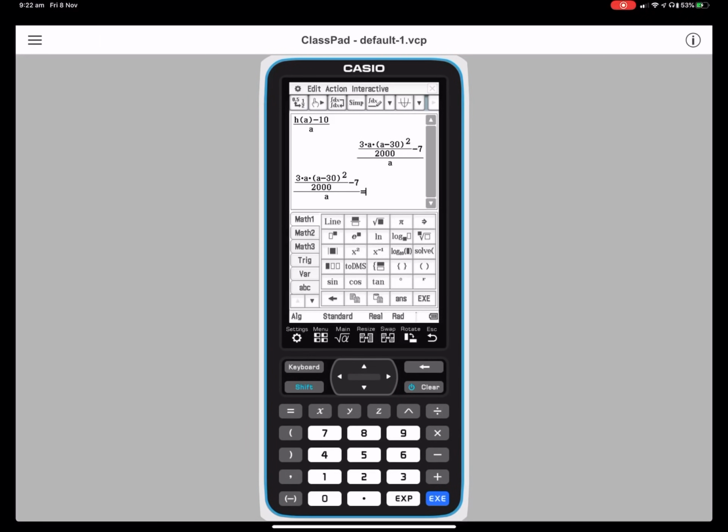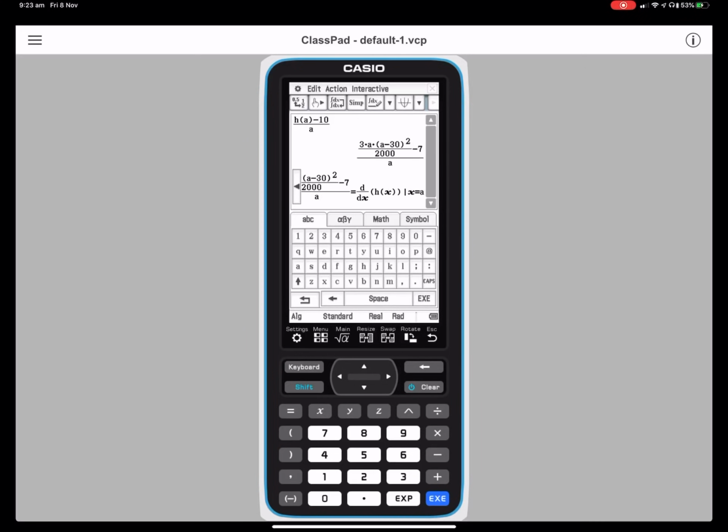That equals d dx of, it's the same gradient, but we'll just do h of a anyway, given x equals a.